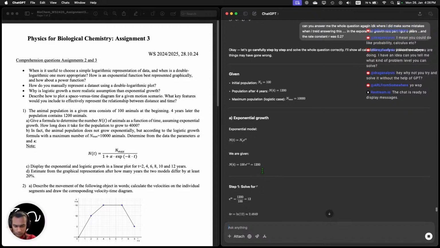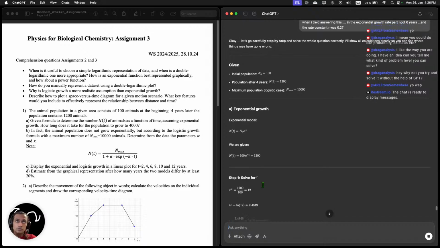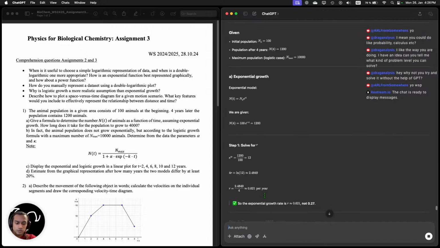Oh, what? Log of 12 divided by 4. 0.621. What?